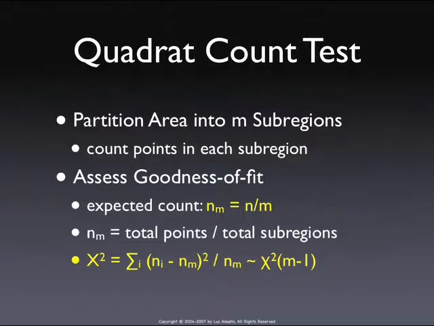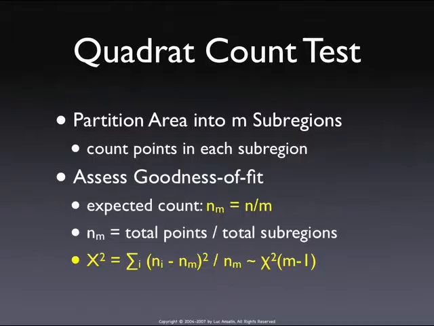Why do we lose 1 degree of freedom? You estimate the mean. Anytime you estimate a parameter, you lose a degree of freedom. So that's why this is a chi-square with m, the number of cells, minus 1 for this mean that we estimated from the data. So that's all it is.